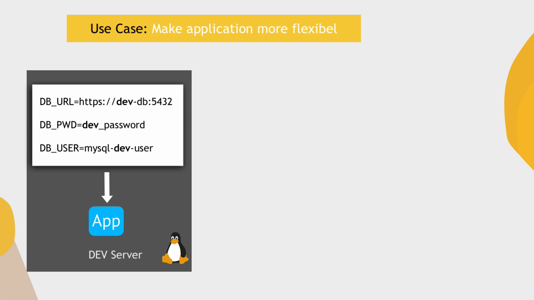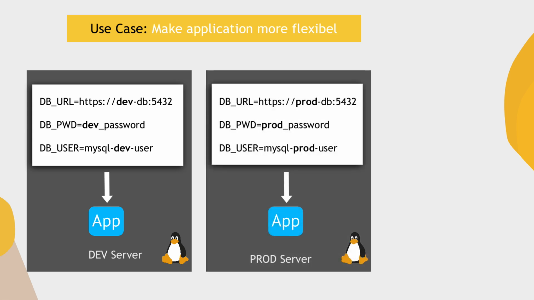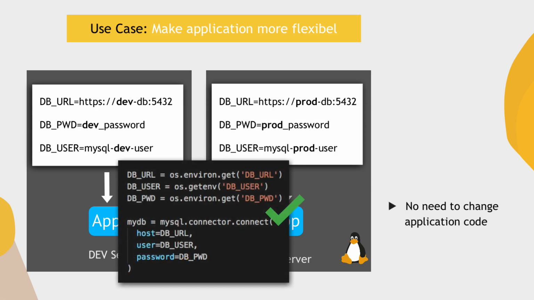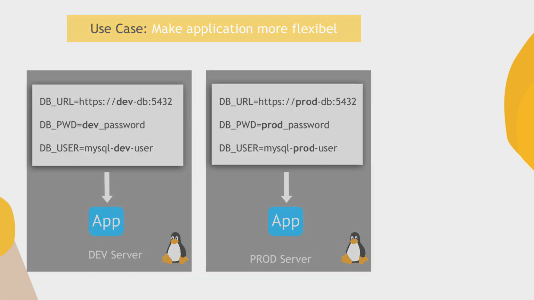When it runs in production, you can pass in environment variables for production database and production API keys. And this makes your application much more flexible while also storing all this sensitive data in a secure way on that server where the application is running, so no one can access it. It's like providing parameters to your application, just like we provided parameters to our bash script.